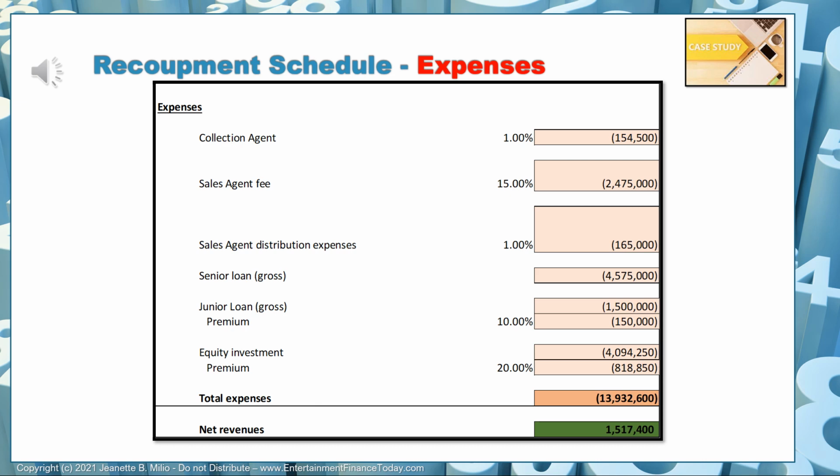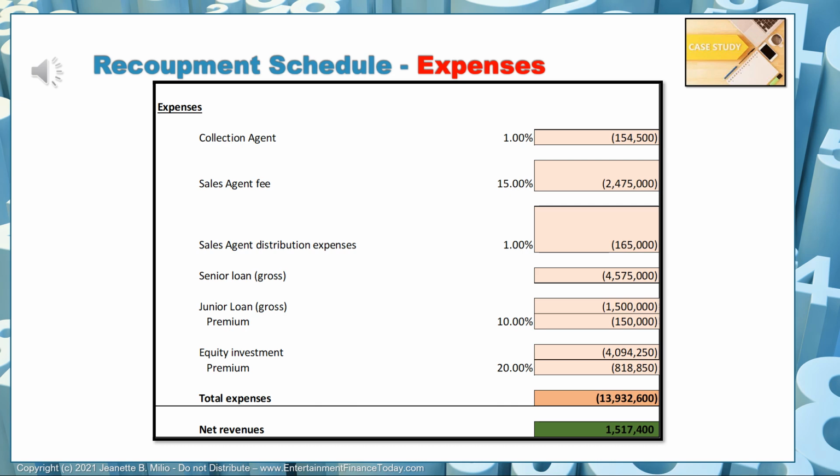But in this case, we were able to keep the down payment, the full $1,050,000, without having the sales agent deduct anything, which is why the sales agent will charge us here their 15% sales fee and the 1% distribution expenses on the entire sales that they have generated internationally and the US of $16,500,000.